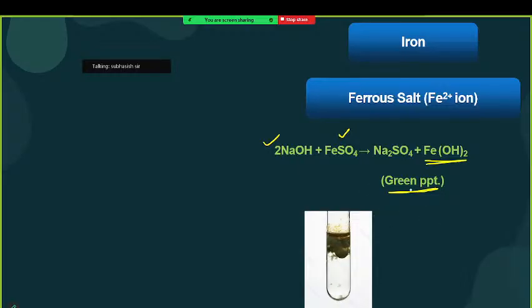When you add excess sodium hydroxide, there will be no change in the color of ferrous hydroxide. So this is the identification of ferrous ion. When you get this observation, you should confirm that your sample contains ferrous ion.